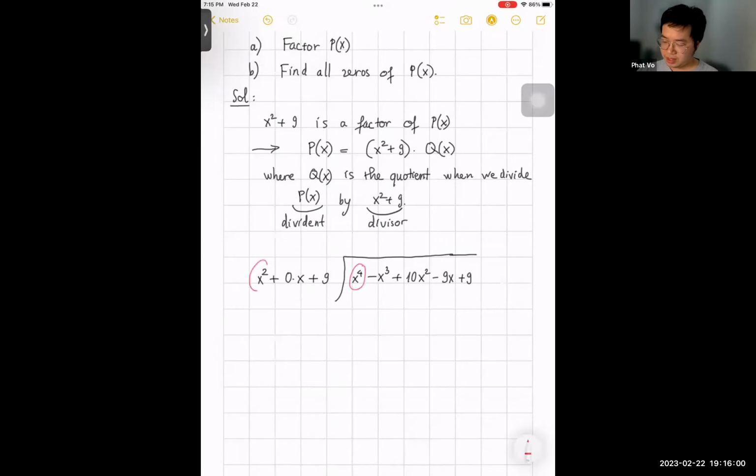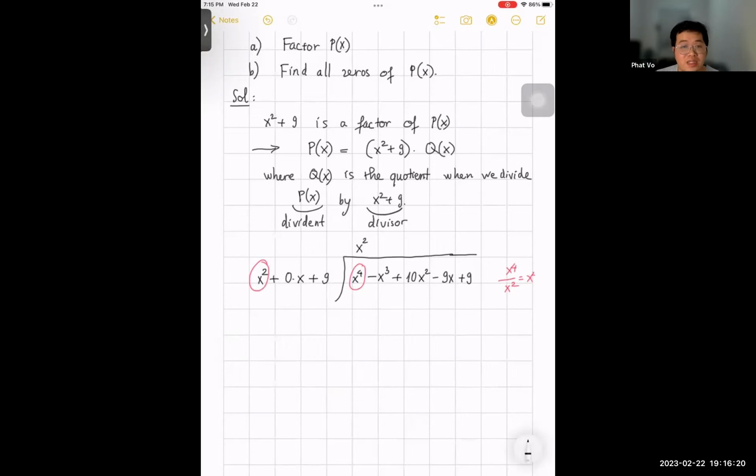These are the leading terms. After that we divide the leading terms: x to the fourth divided by x squared is x squared. So you put x squared on this line.